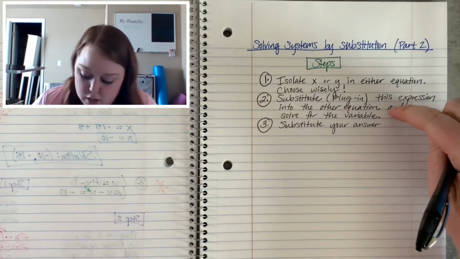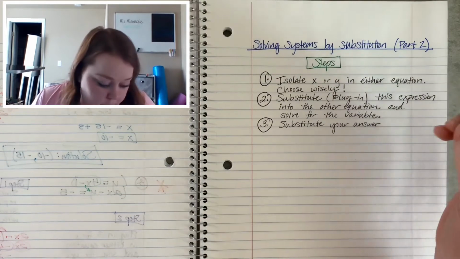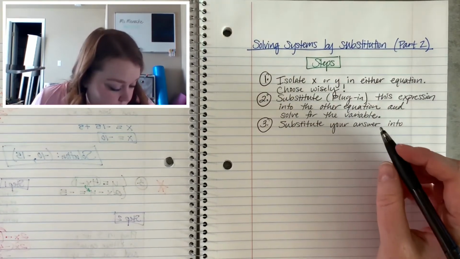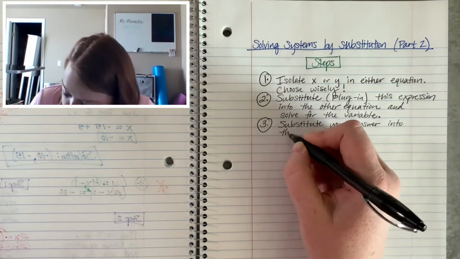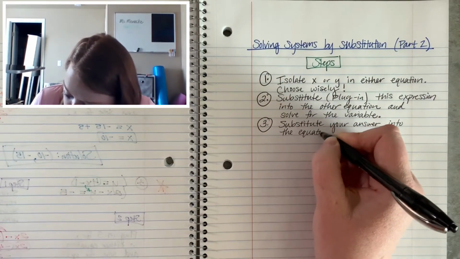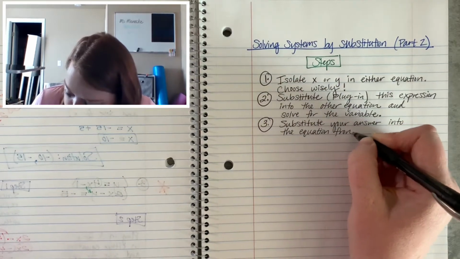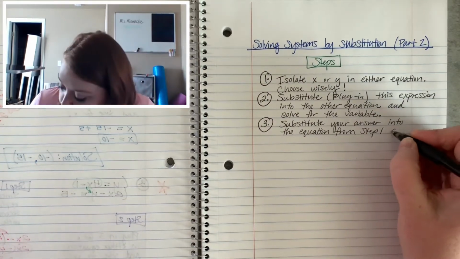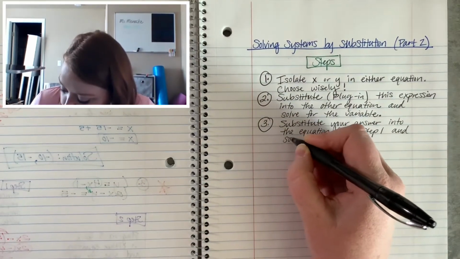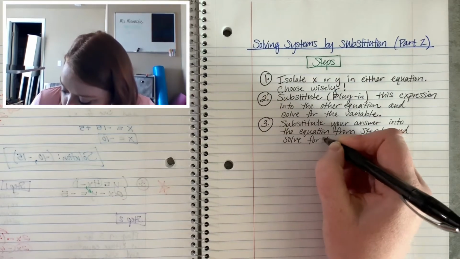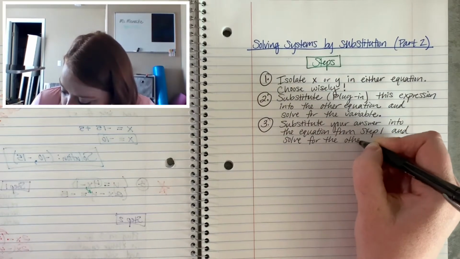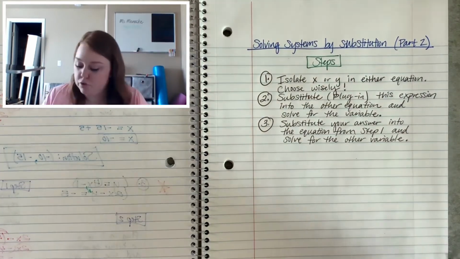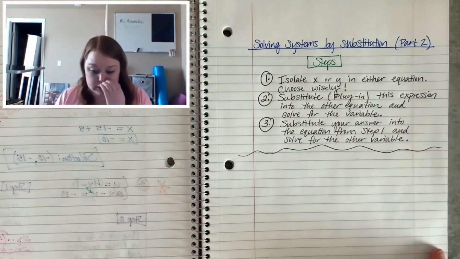So the answer you just got when you did step 2, substitute your answer into the equation from step 1 and solve for the other variable. Okay, so those are your steps. Pause the video if you need to catch up.